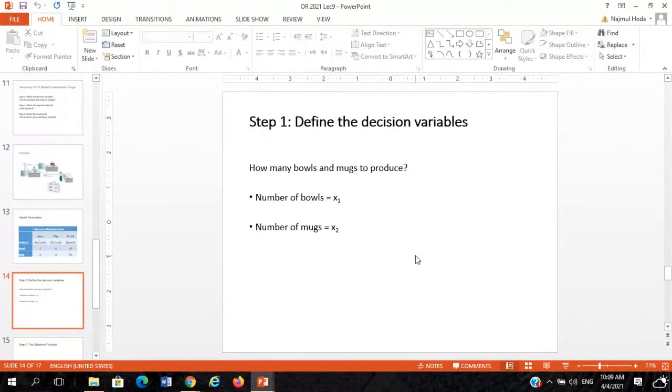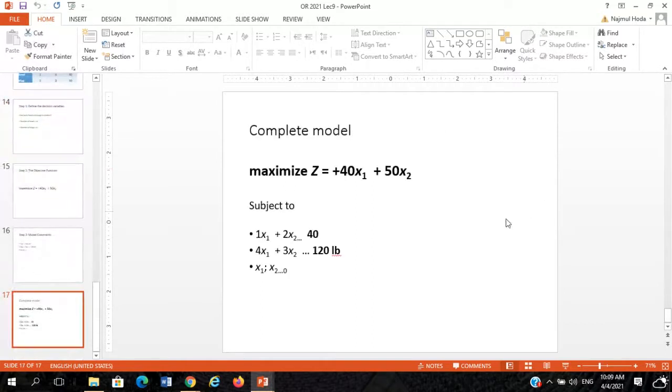So we had discussed the formulation of the problem right till this part. We came here and we finally formulated the problem, taking all the constraints. And the final model is that we have to maximize the objective function.